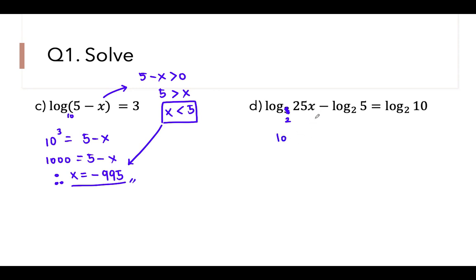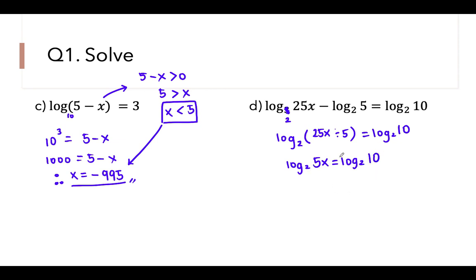Because it's subtraction, log base 2 of 25x divided by 5 equals log base 2 of 10. So 25 divided by 5 is 5, so it's log base 2 of 5x is equal to log base 2 of 10.